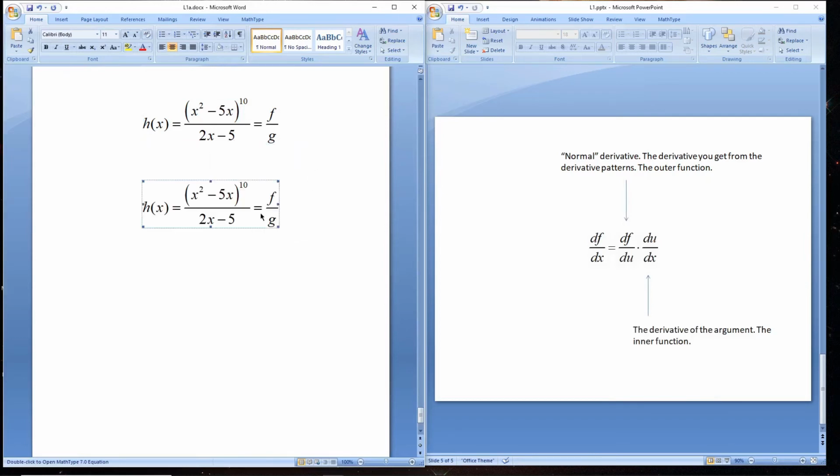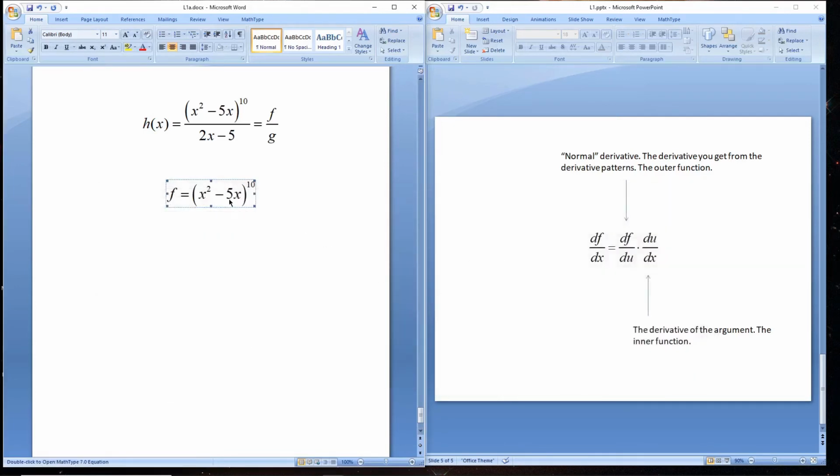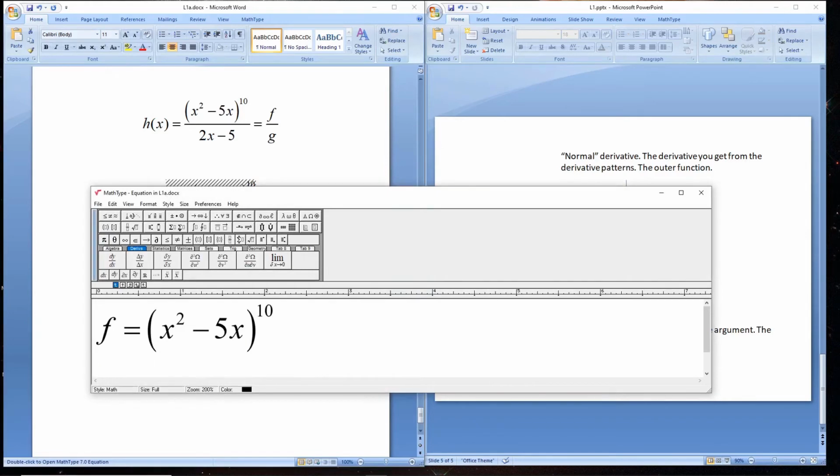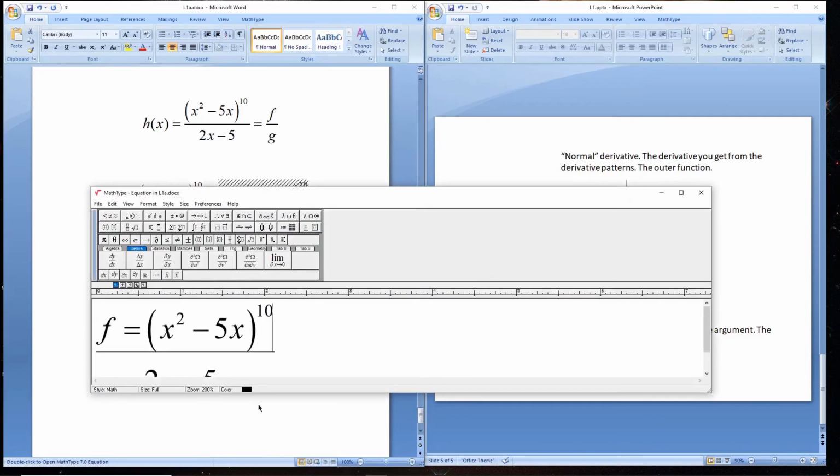And then we will explicitly define what f and g are. So we're saying here that f is explicitly x squared minus 5x, and that's all raised to the 10th. And then we're explicitly stating g is 2x minus 5. And then once we explicitly define f and g, we then take their derivatives for the quotient rule.